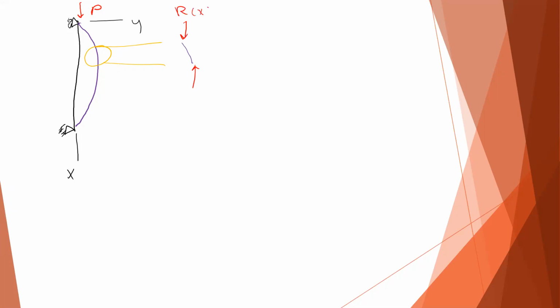We'll call that Rx and Rx plus delta x. Vx and Vx plus delta x. And then there are internal moments as well. So this would be M at x and M at x plus delta x.